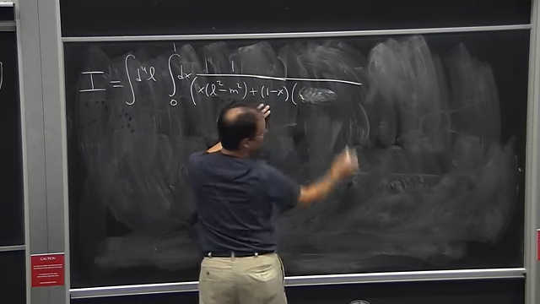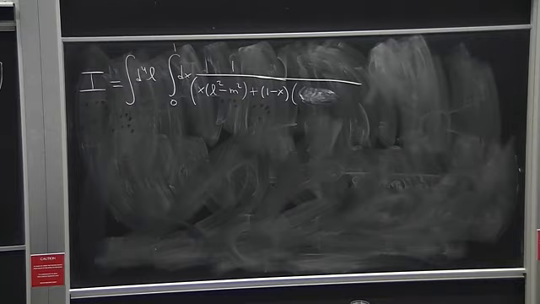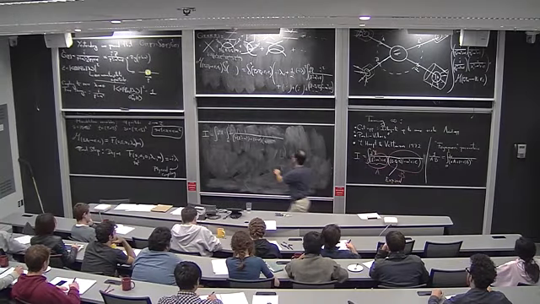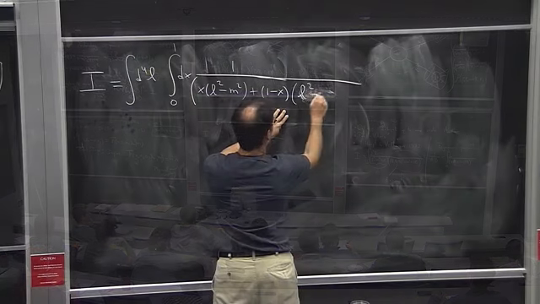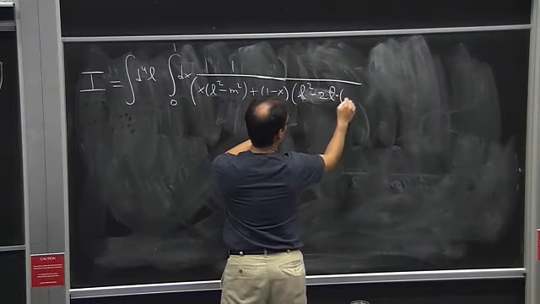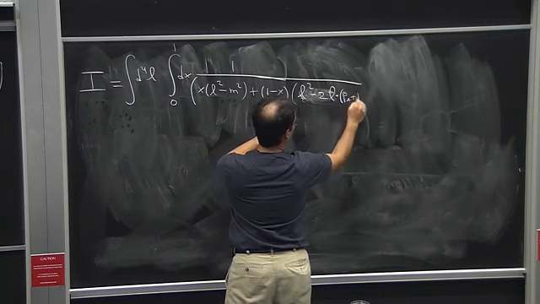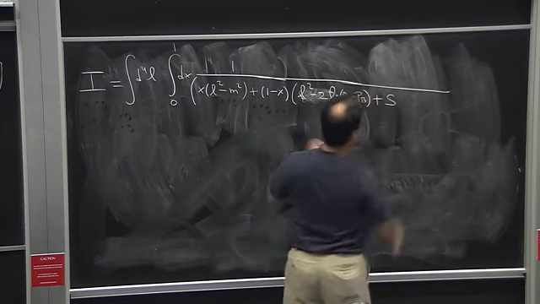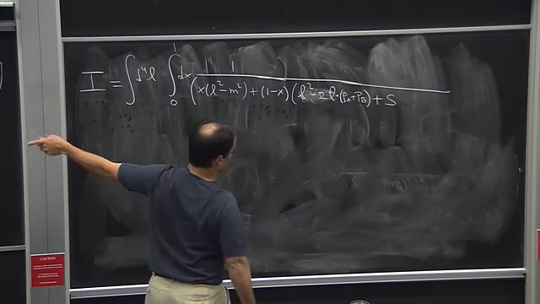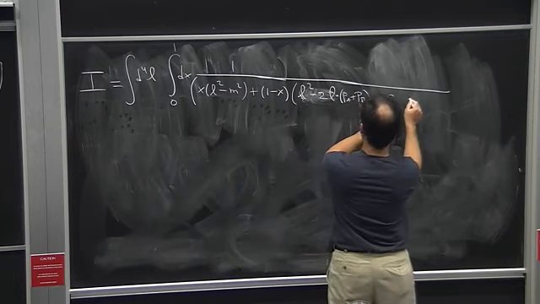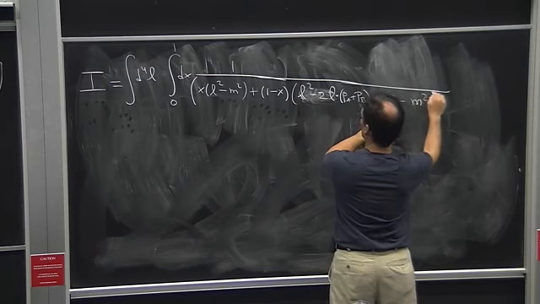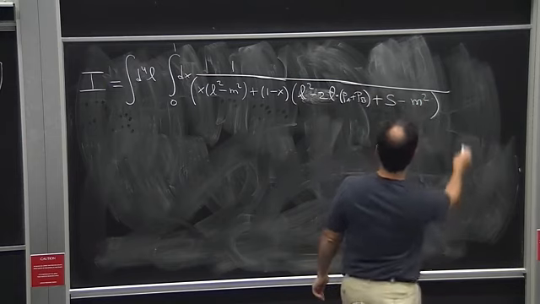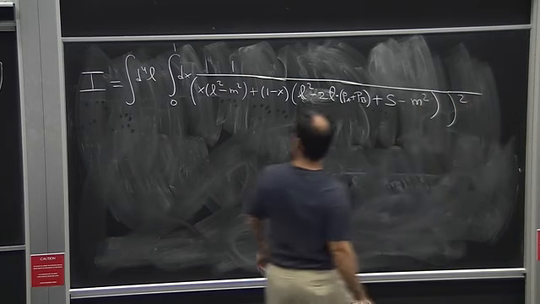Let's actually expand this. We're going to get L squared minus 2 times L dot (PA plus PB) plus S, which we define over here, minus M squared, all that squared.